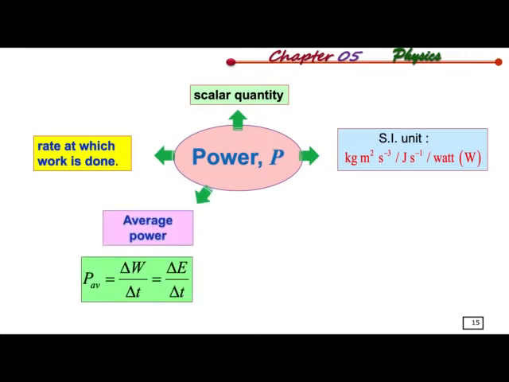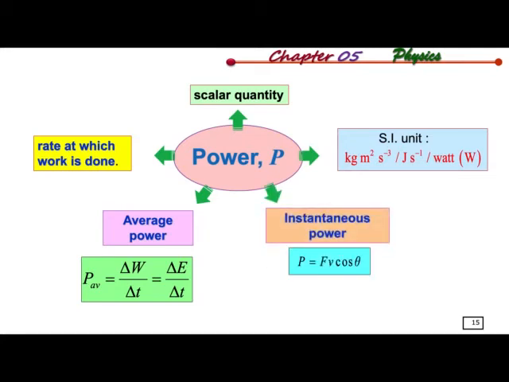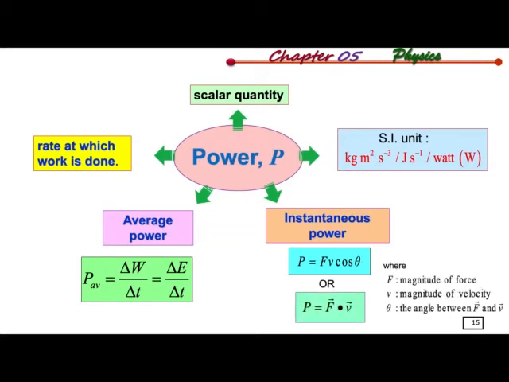The average power is work over time or energy over time. Meanwhile, the instantaneous power is equal to Fv cos theta or F dot v, where F is the magnitude of force, v is the magnitude of velocity, and theta is the angle between the force and the velocity.